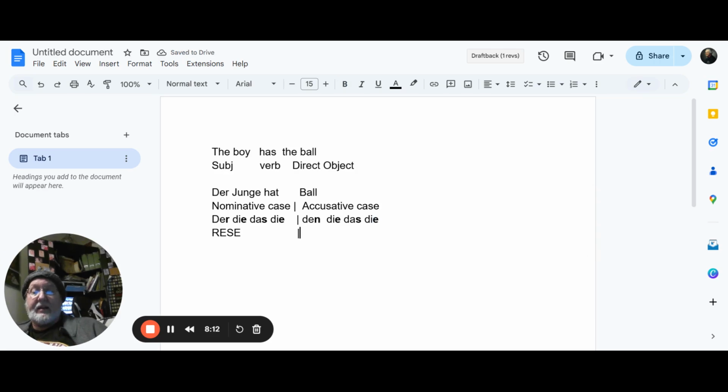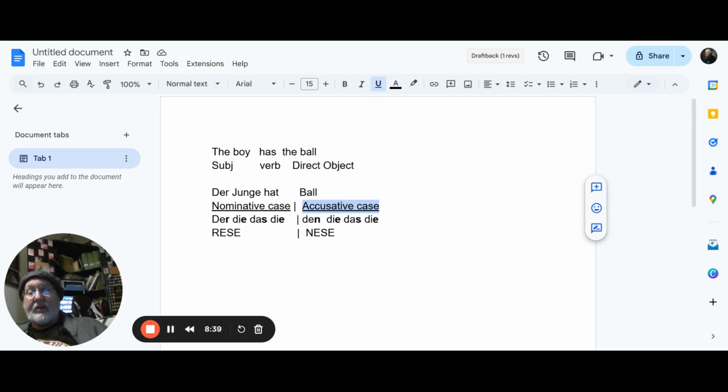N-E-S-E. And I like to basically pronounce it Nisi. Reese, Nisi. So if you're looking at the nominative case, it's Reese. If it's the accusative case, it's Nisi.